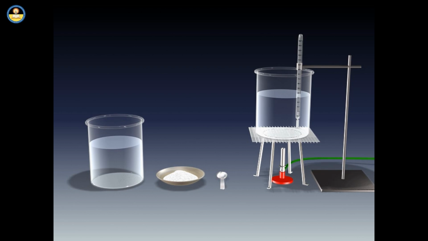A given amount of distilled water is poured into two separate beakers labeled as A and B. Water in beaker A is heated till 70 degrees centigrade, and 1 gram salt is added to each beaker.